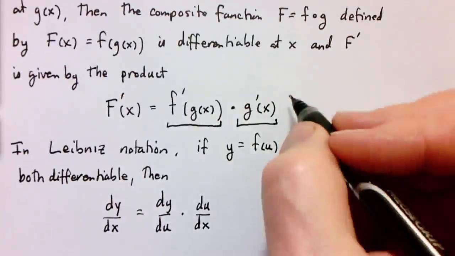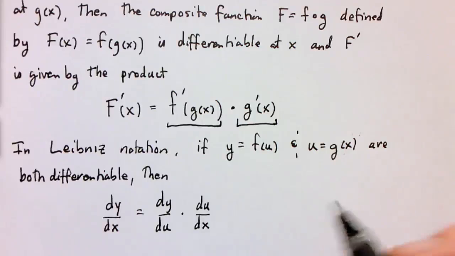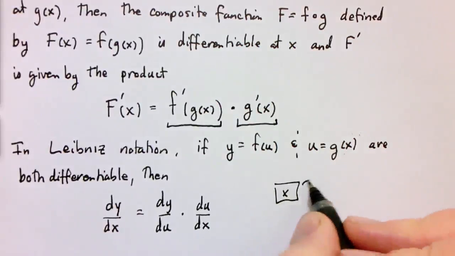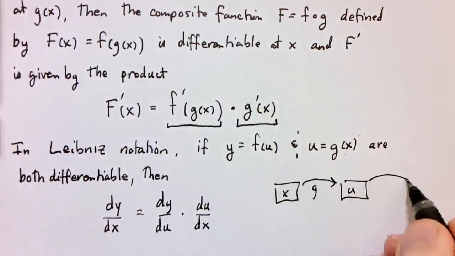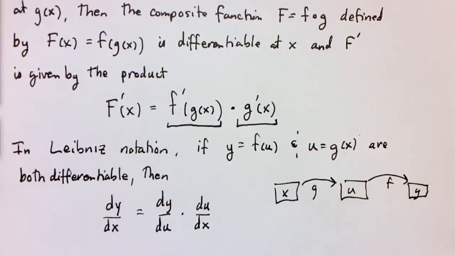When we write primes, that's called Newton notation. When we use dy dx, or d over dx, that's called the Leibniz notation. So if we have this chain of functions, here's x, and it's getting sent to u by g, and lastly that's getting sent to y by f.